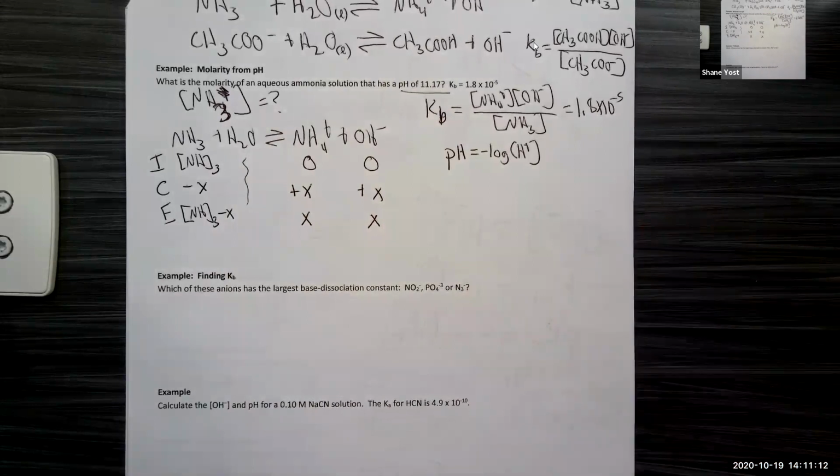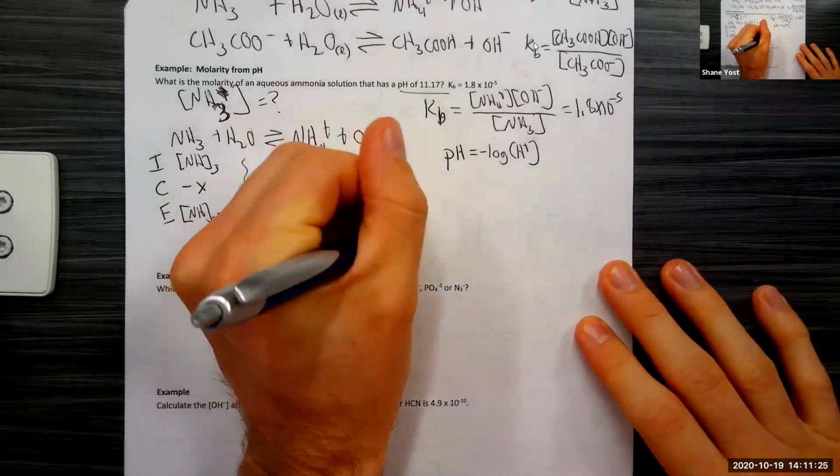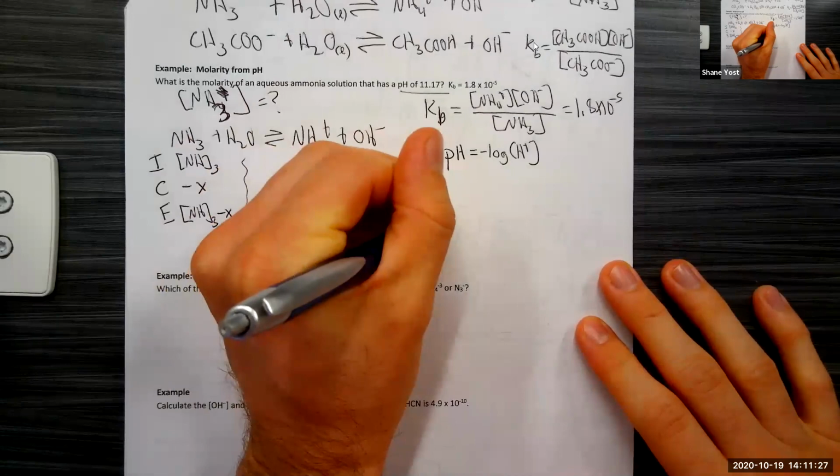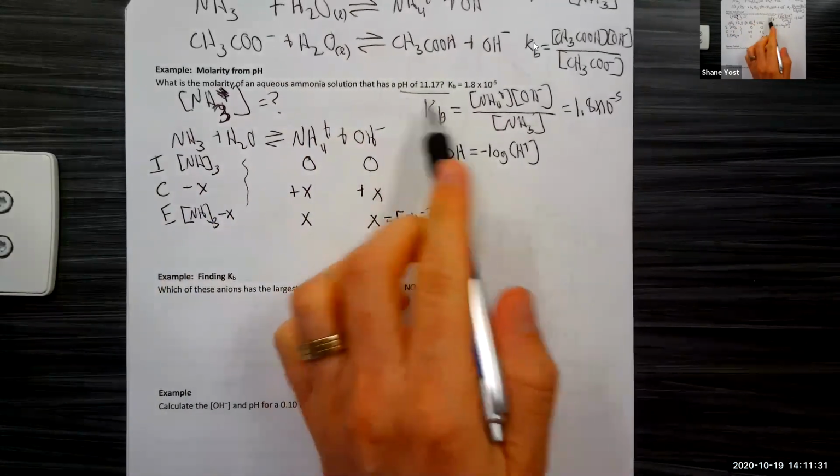And so I can use that pH to get to the equilibrium concentration of OH minus, because X here equals the concentration of OH minus at equilibrium, which is related to the pH.